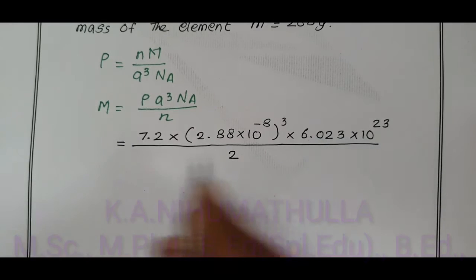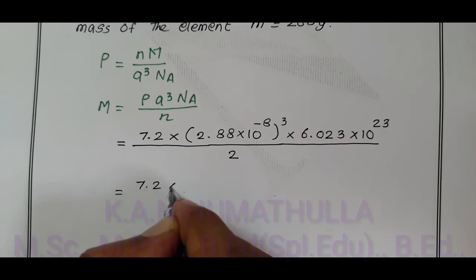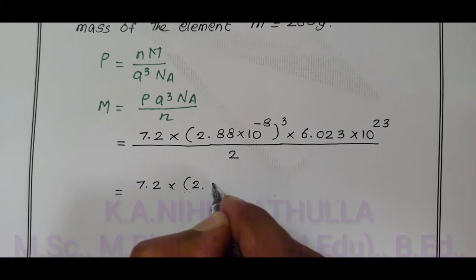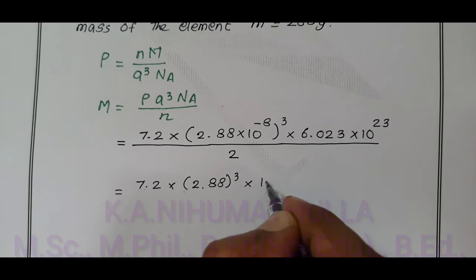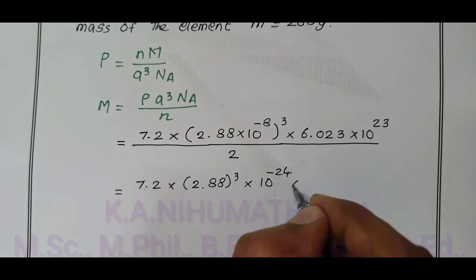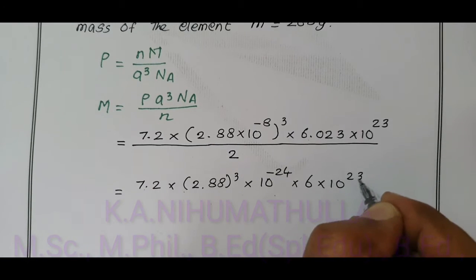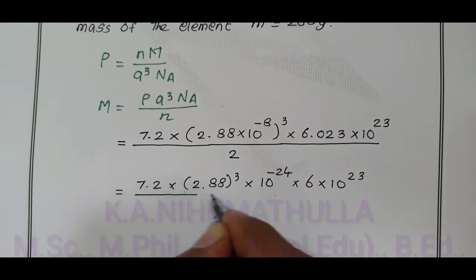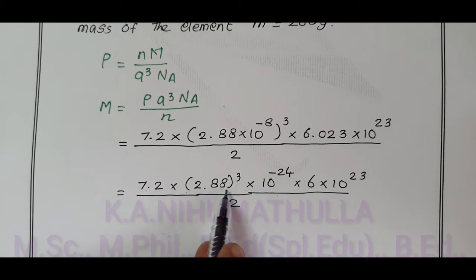So 7.2 into 2.88 the whole cube, and 10 power minus 8 into 3 is minus 24, into 6.023 into 10 power 23, whole divided by 2. First we have to solve 2.88 cube.